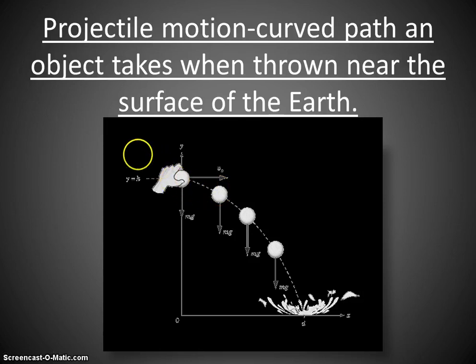Okay, projectile motion. When you throw an object, it takes a curved path because of those two forces, specifically because of gravity. That curved path because gravity is pulling it down. So when you throw something straight on the Earth because of gravity, it takes a curved path until it is pulled into the surface of the Earth by gravity.